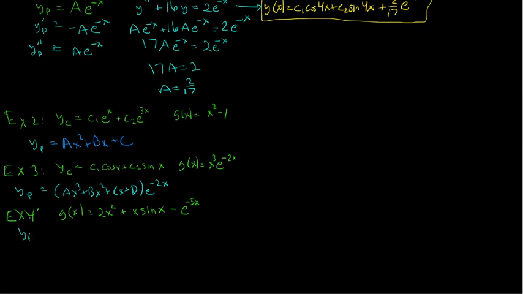So in this case, yp, so we have a polynomial. Well, it's just a monomial. It's another quadratic. So you're going to need ax squared plus bx plus c, right, just for the 2x squared piece. Then let's move on to the x sine x piece. So x is a linear polynomial. Well, it's just a monomial.